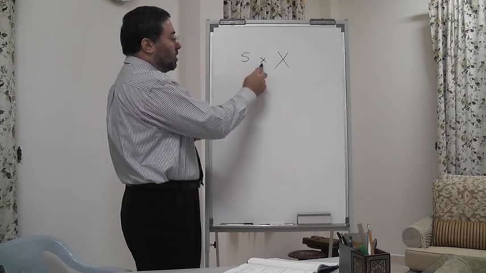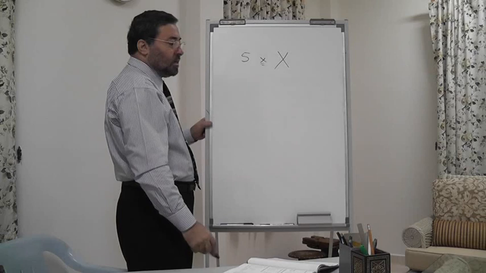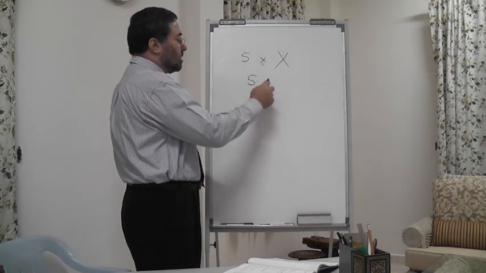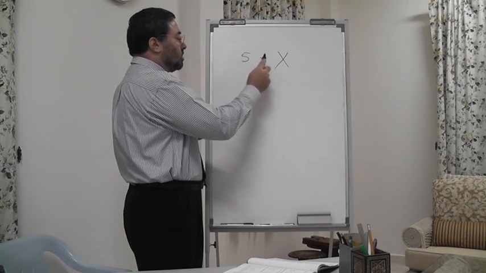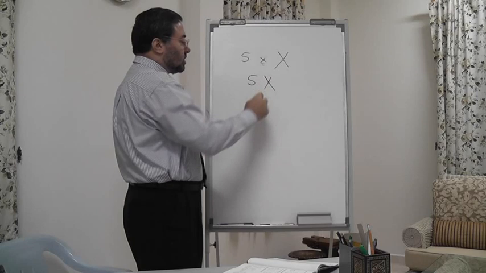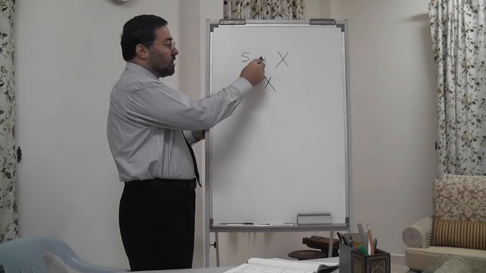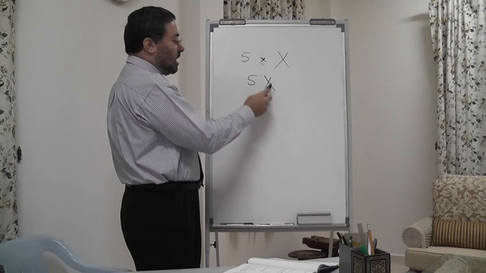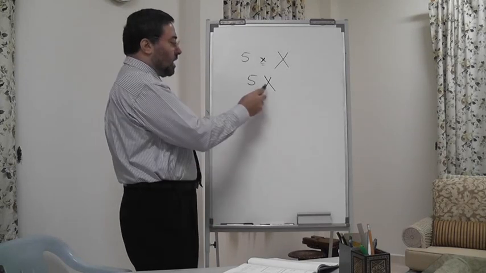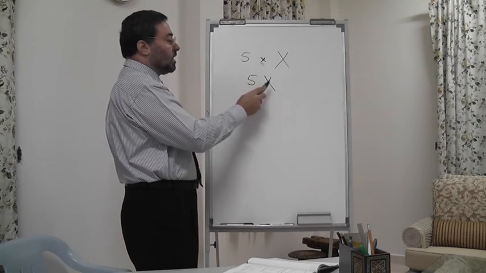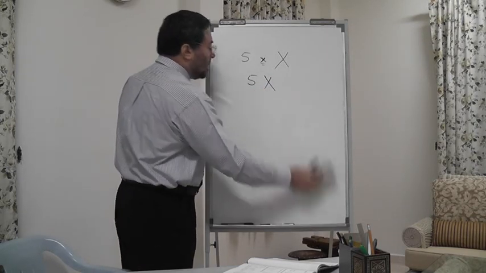And in algebra, we remove the multiplication sign from between the number and the variable. I do not need to write it. So 5x means 5 times the price of the book, or the product of the price of the book and 5.